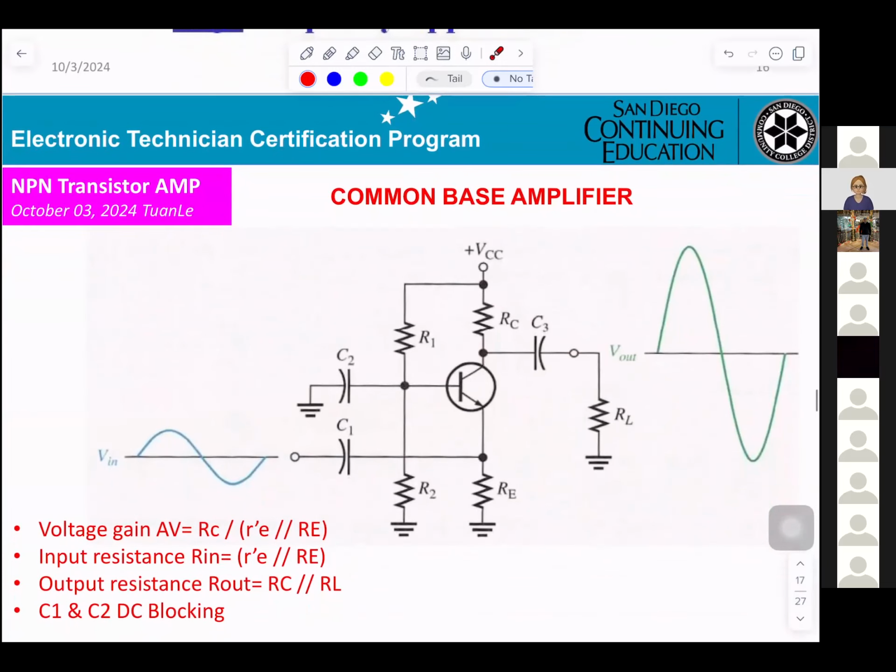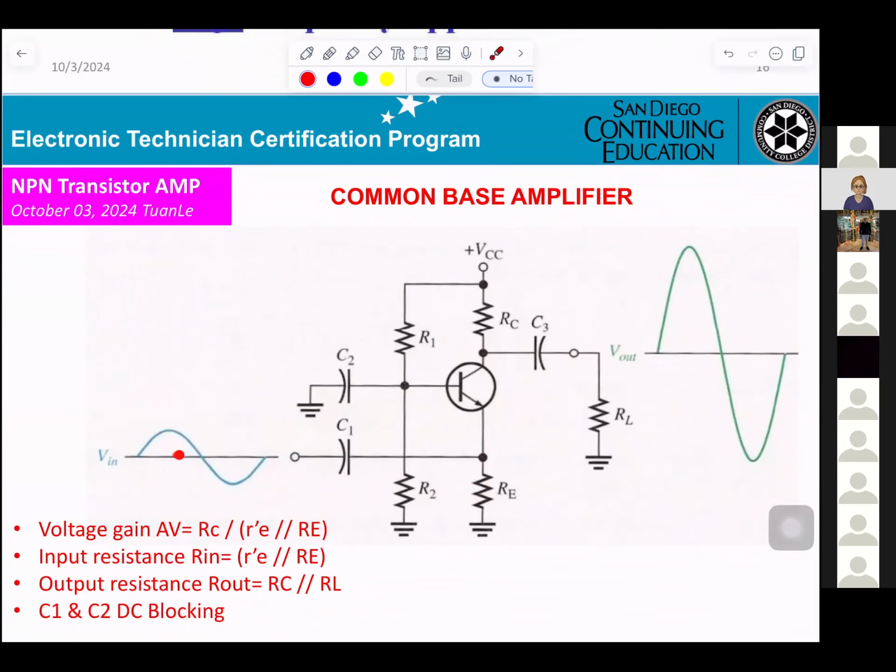So this is a common base. Input applied to emitter. Try to recognize this when you're working on bipolar transistor; you have to work on this circuit.